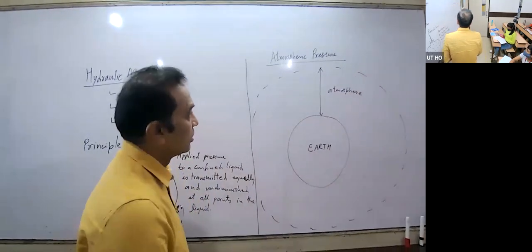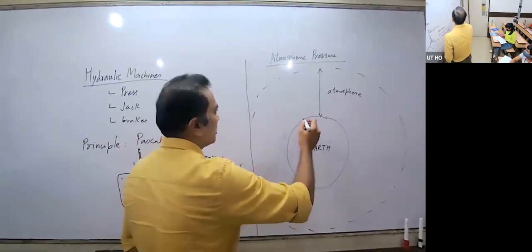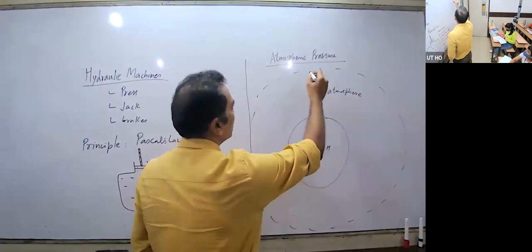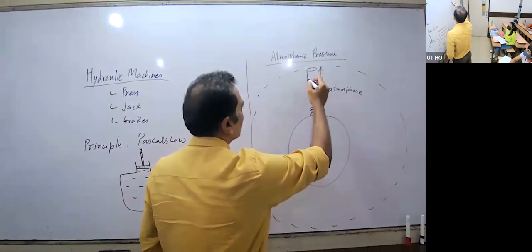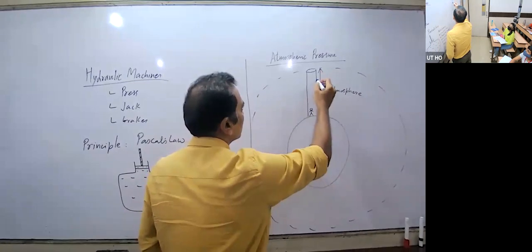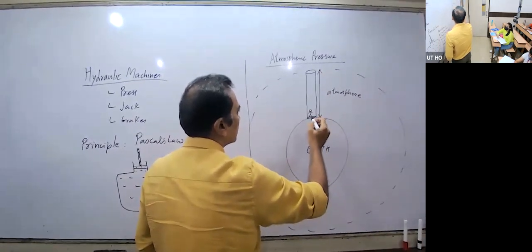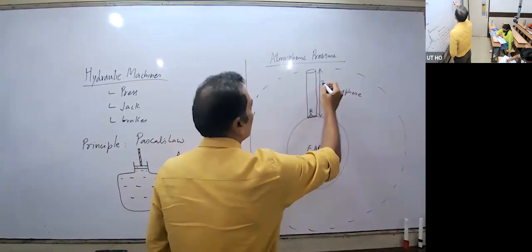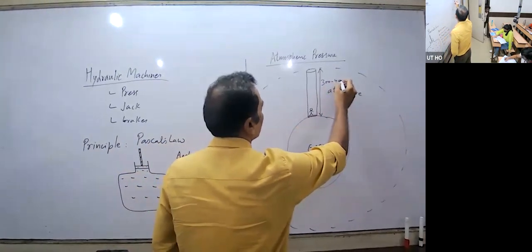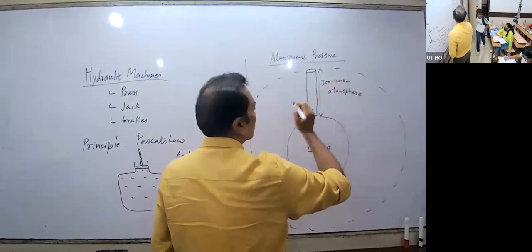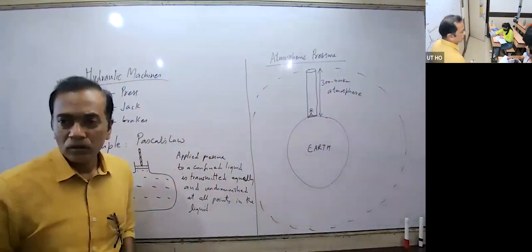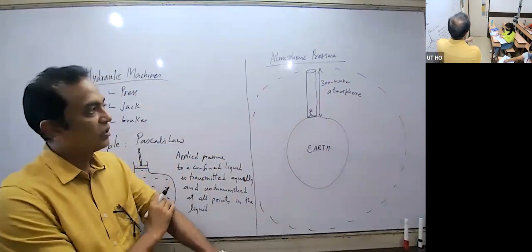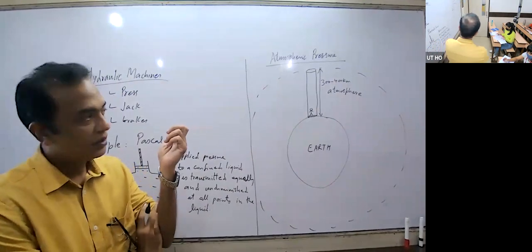Right? So, if somebody stands here, he is actually standing under the air column, isn't it? And this air column extends right up to 300 to 400 kilometers. Got it? So, the atmosphere extends up to 300 to 400 kilometers above Earth's surface.